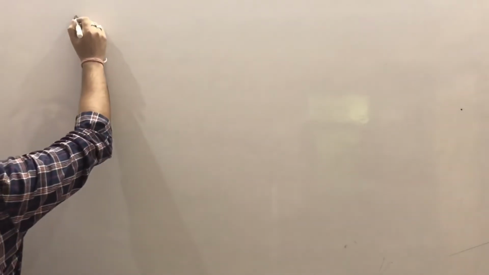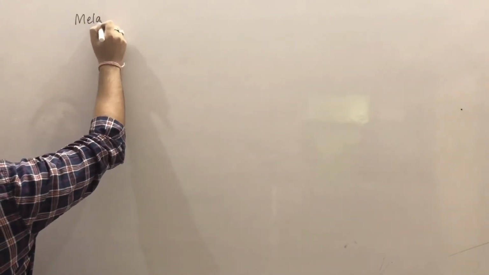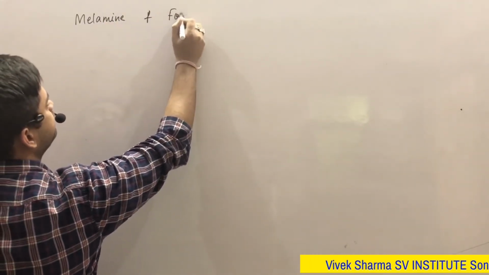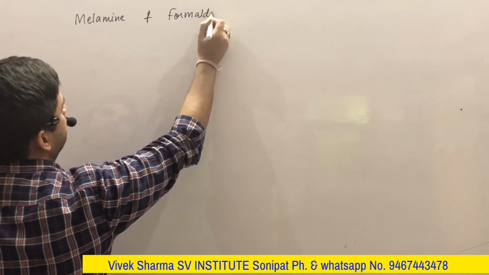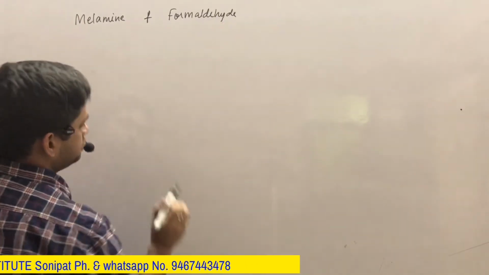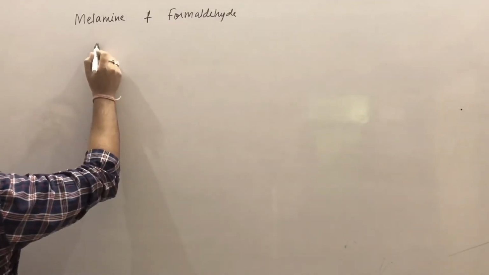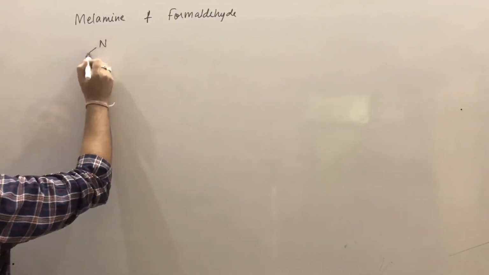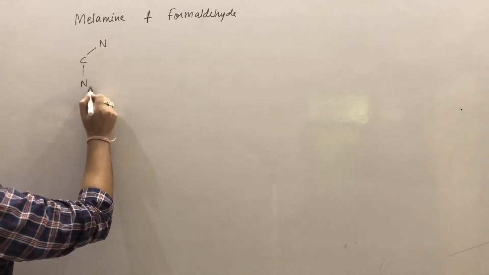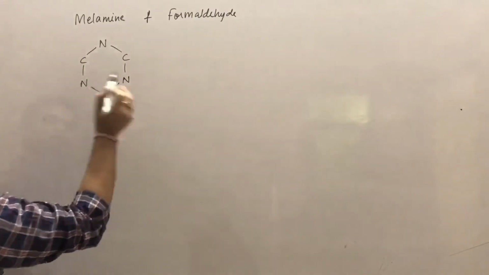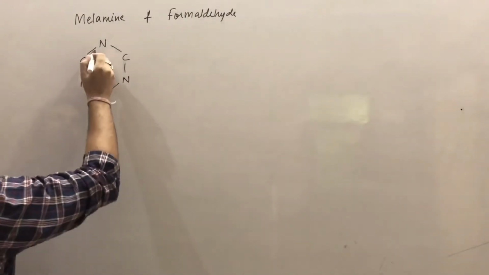And the last resin is melamine polymer, and the monomers are melamine and formaldehyde. Melamine is a benzene-like structure having alternate carbon-nitrogen. So nitrogen, carbon, nitrogen, carbon, carbon, nitrogen. Alternate carbon-nitrogen and alternate single double bond.